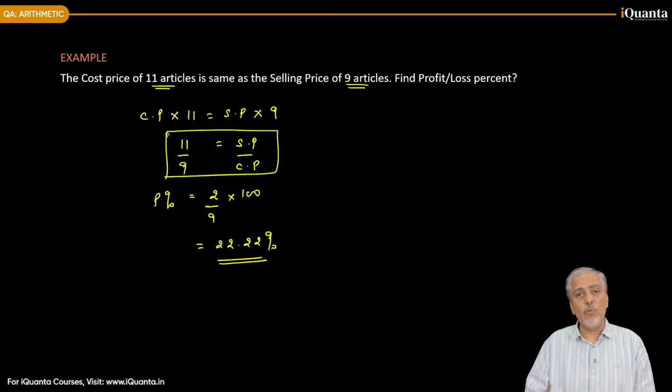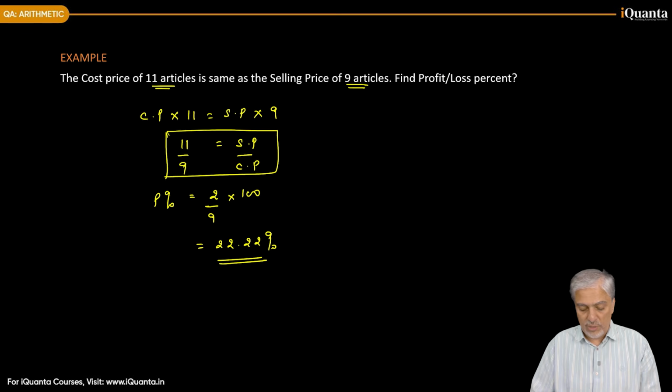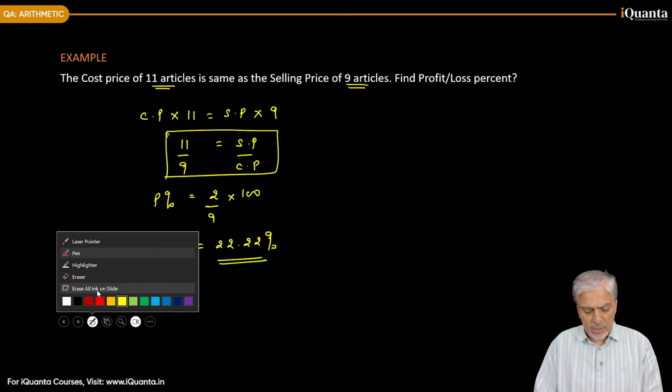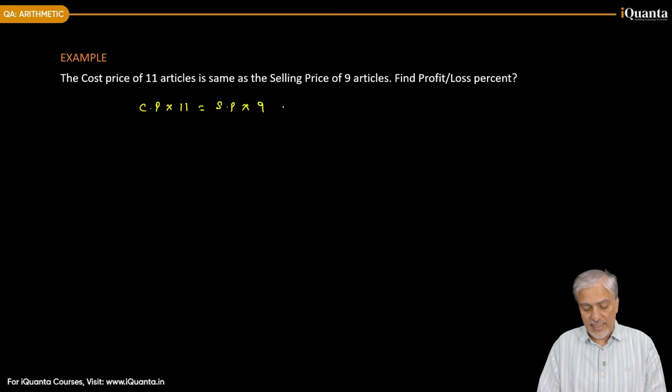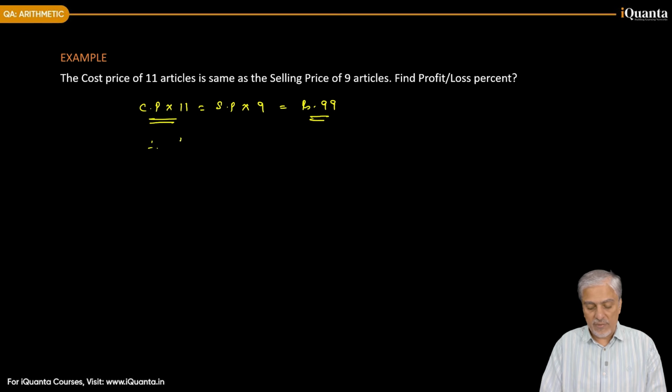There can be one more way of doing this, which is taking LCM. The second way of doing this question would be actually taking LCM. You'll get the same thing. You write the first step as it is. Cost price of 11 is equal to selling price of 9, and you take them equal to the LCM, which is 99. So you say cost price of 11 articles is 99 rupees. Therefore, cost price of one article is 99 divided by 11, 9 rupees.